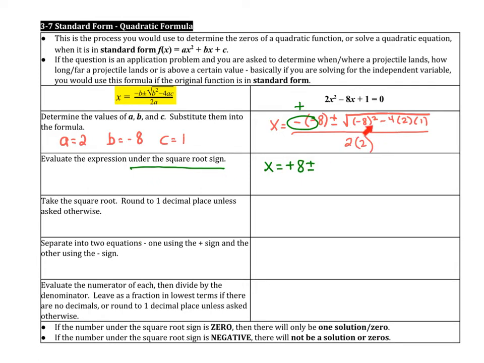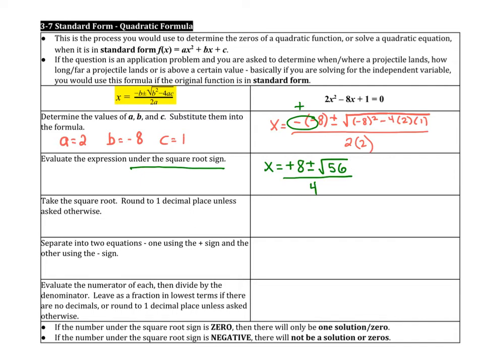In brackets, (-8) squared minus 4 times 2 times 1. I would highly recommend you using your calculator for that, because a lot of people mess up if they try to do it in their heads. So (-8) squared minus 4 times 2 times 1 is 56. So that becomes plus or minus the square root of 56 over 2 times 2 is 4.